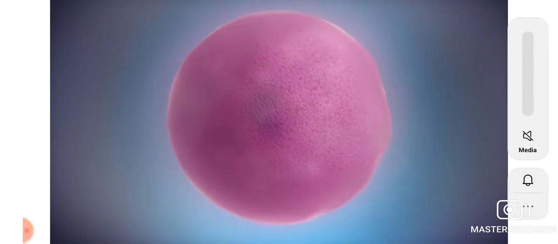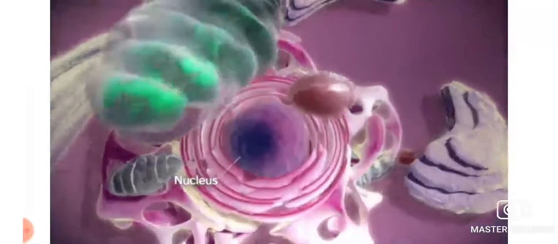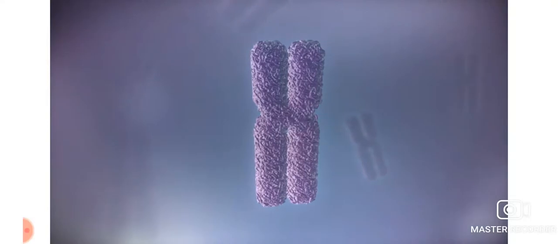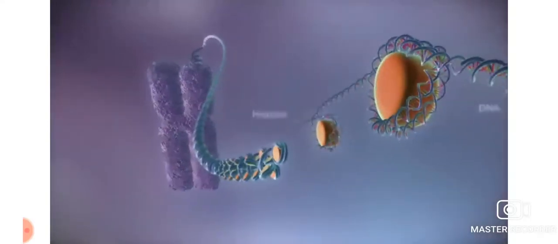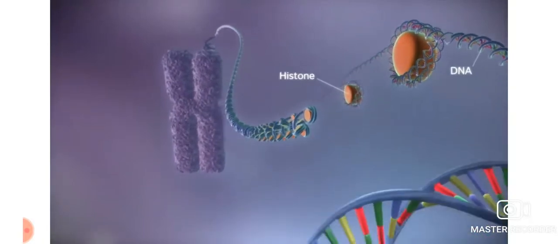So this is a cell, and you can see the nucleus, and in the nucleus chromosomes are there. They are visible only during cell division. If you look at the chromosomes, you can see that they contain chromatin.